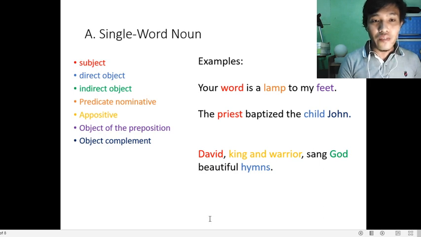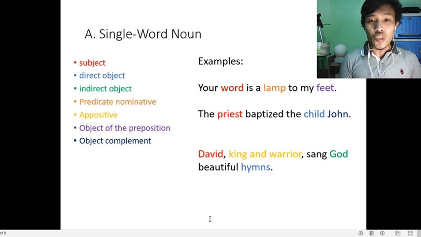Next we have appositive. An appositive renames another noun right beside it. Commas are used to separate the phrase from the rest of the sentence. Again, it renames another noun right beside it. Look at sentence number 3.